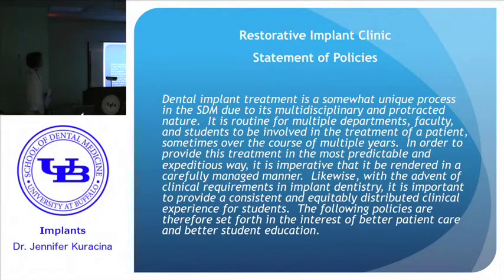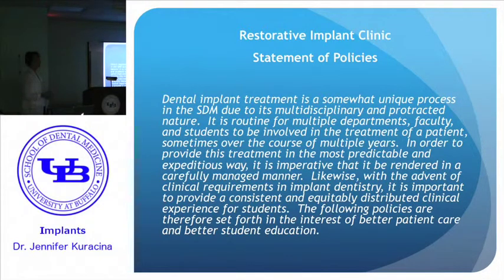The reason that we get so excited about following a policy in terms of the referrals and how we treat patients is because this process is kind of unique compared to the other things that we do at the school. A lot of fingers are in the pot, a lot of different departments are involved, multiple students are involved.